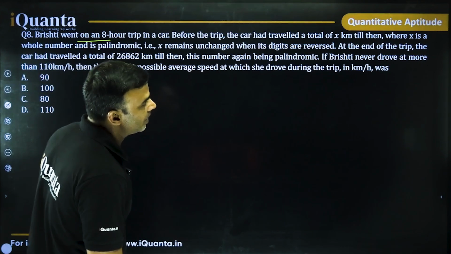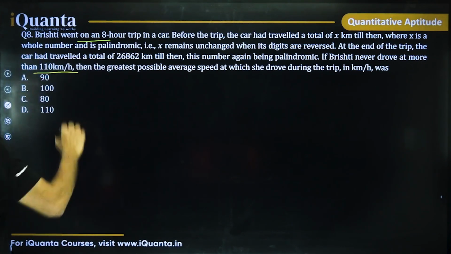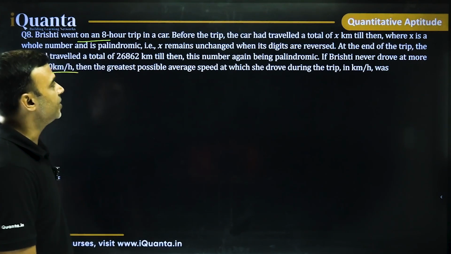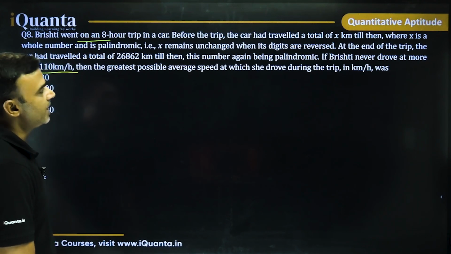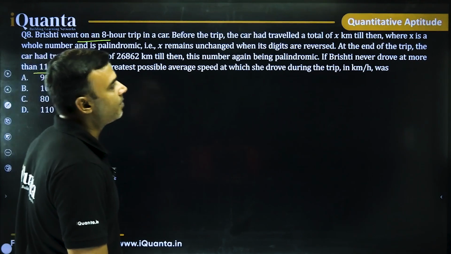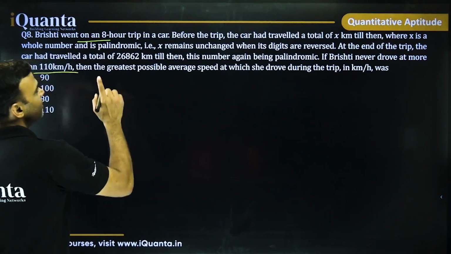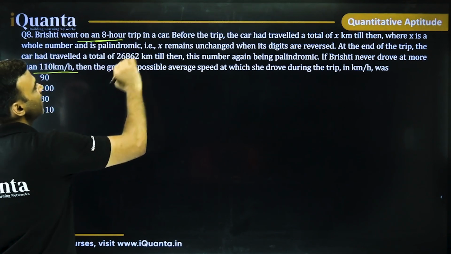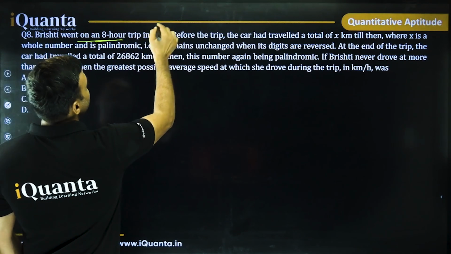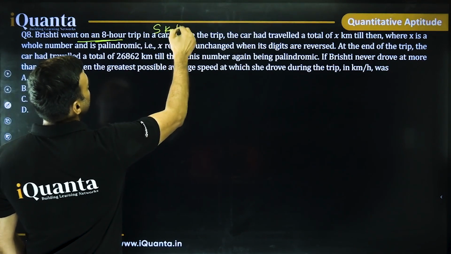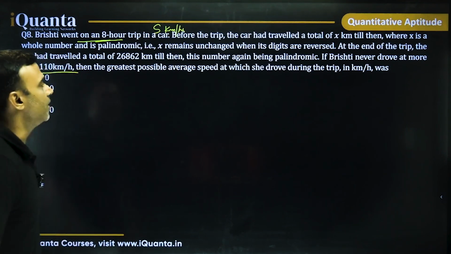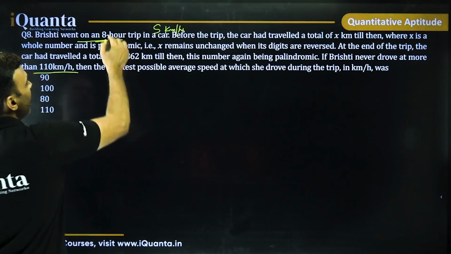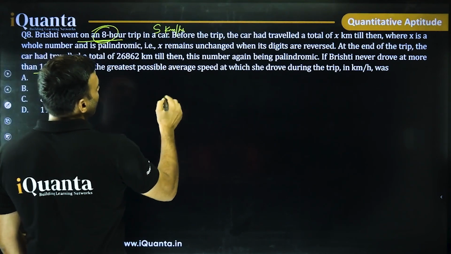If Vrishti never drove at more than 110 kilometers per hour, then the greatest possible average speed at which she drove during the trip in kilometers per hour was. You see, suppose the speed of the car was s kilometers per hour, because x is already used, so we are using the letter s, right? In 8 hours, the distance traveled would be 8s.